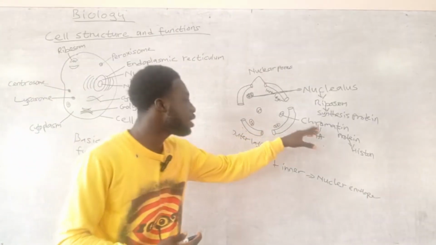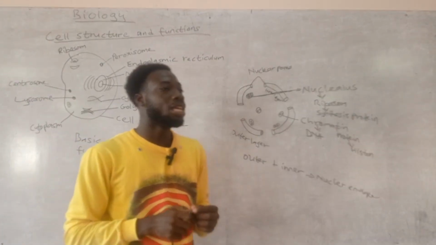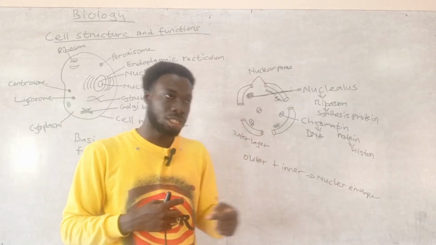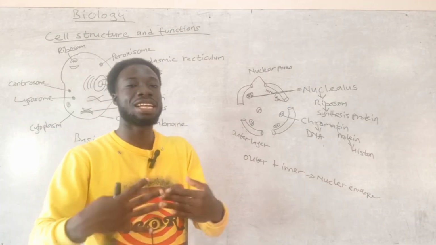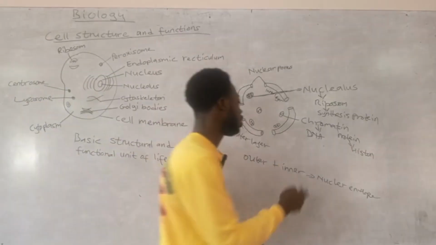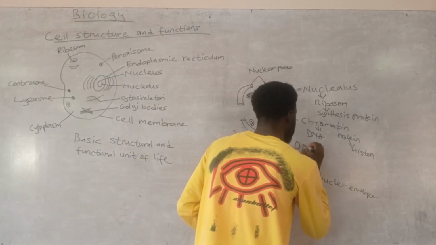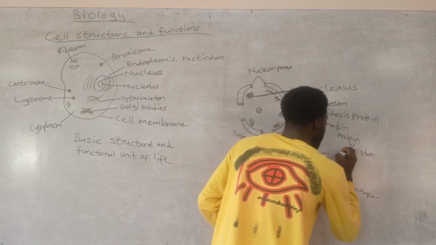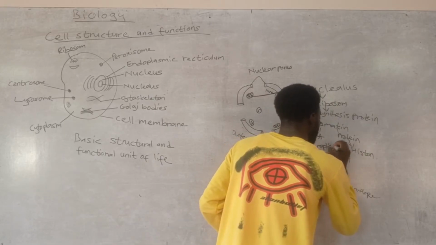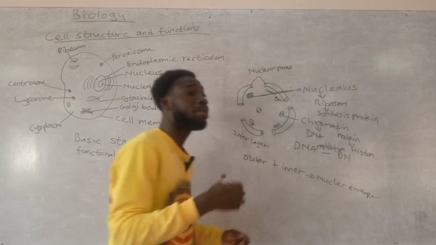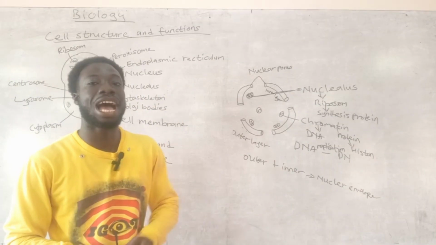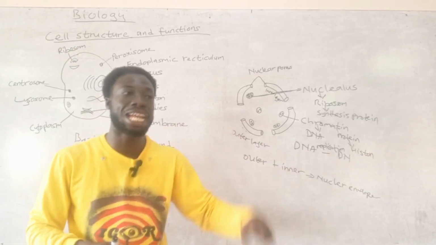So the chromatin produces what we call the DNA. And a DNA also produces another DNA. And when a DNA produces another DNA or another cell, we call it replication, because it replicates itself. Now, a DNA too can produce what we call RNA, that is a ribonucleic acid.